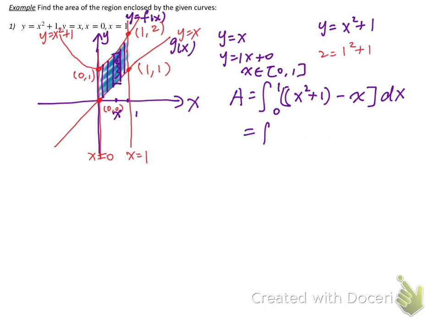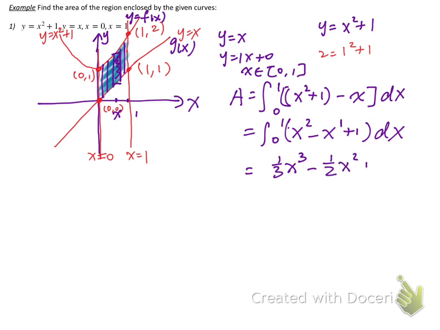Well, the integral itself should be easy, x squared minus x plus 1 dx. It's just a bunch of power rule. X squared, increase the power by 1, then flip it, minus x, increase this power by 1 and flip it, plus 1 gives you x. Evaluate from 0 to 1. At 1, we have 1/3 times 1 to the third power minus 1/2 times 1 to the second power plus 1 minus, well, actually it's a 0.